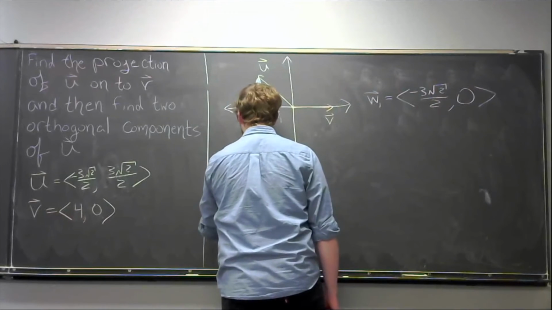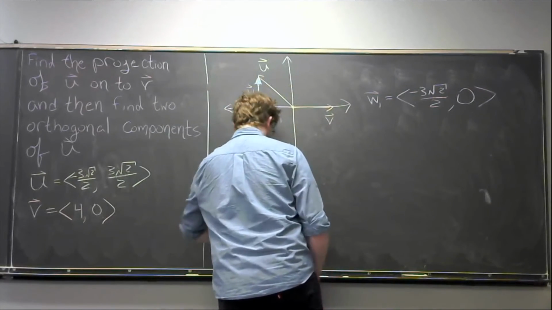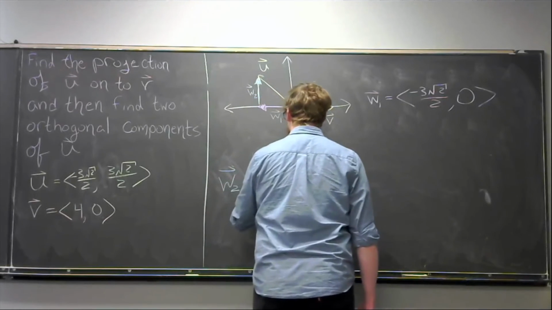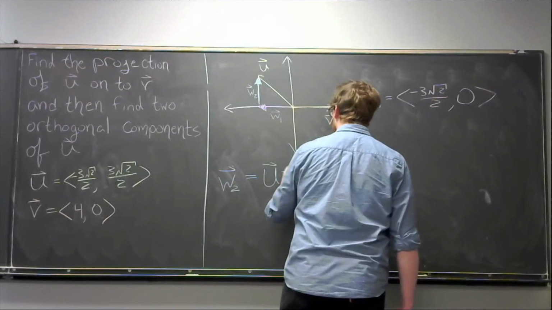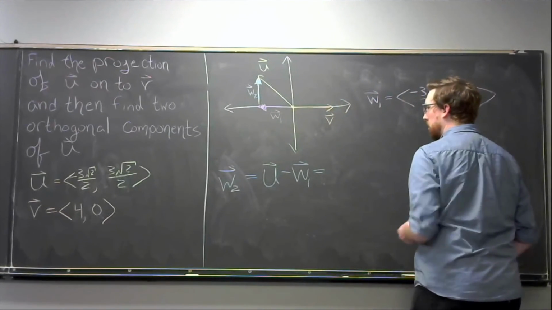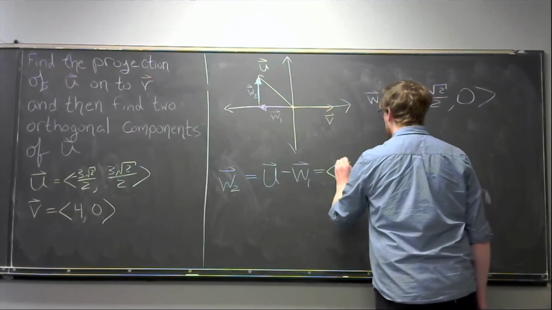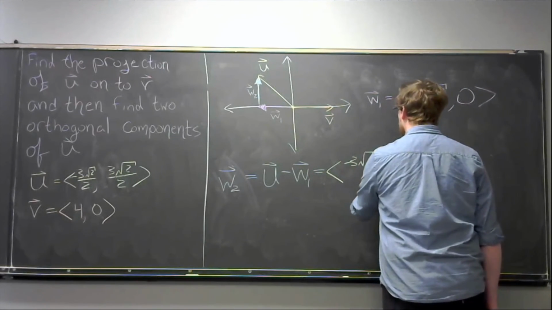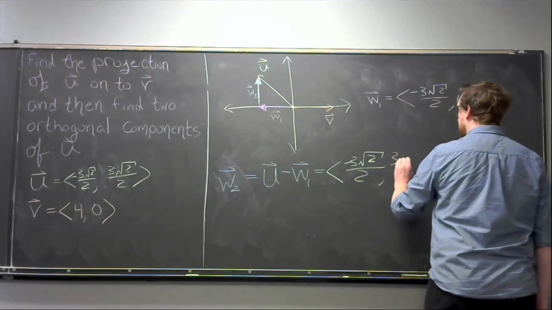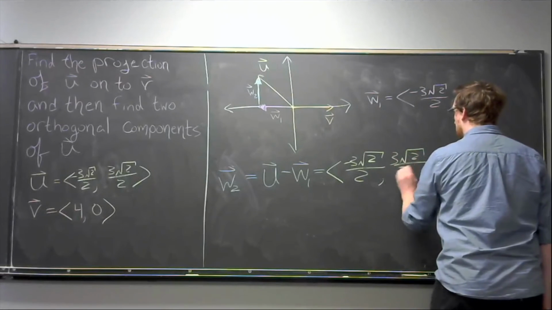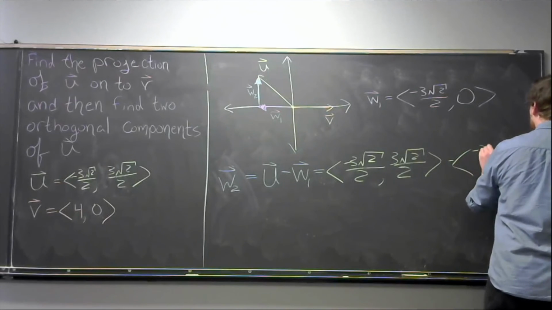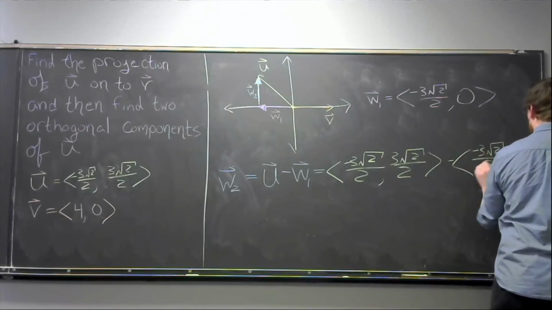So W2 is equal to u minus W1. This is equal to negative 3 times the square root of 2 over 2 comma 3 times the square root of 2 over 2, minus negative 3 square root of 2 over 2 comma 0.